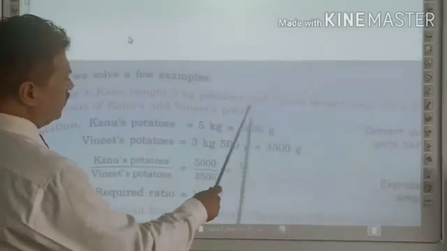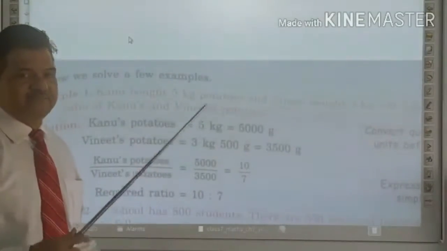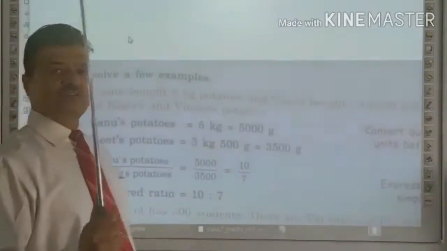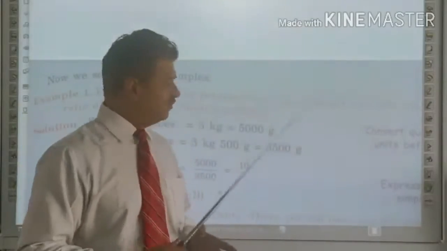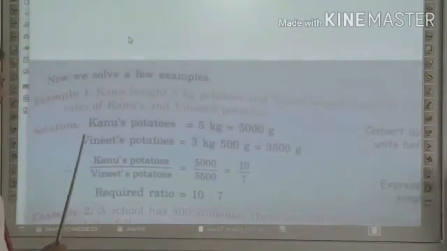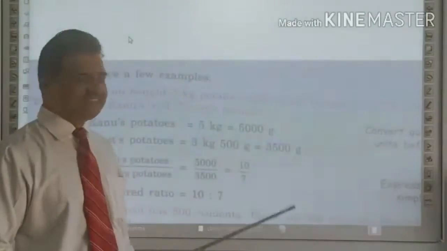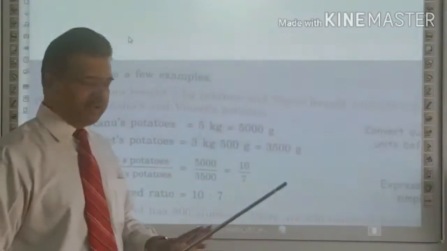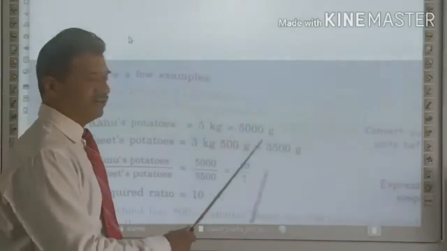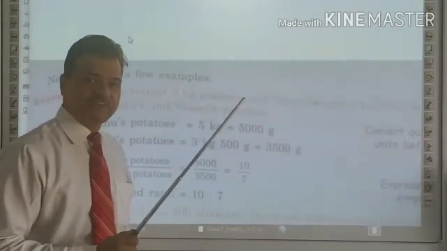First of all, Kanu's potatoes are 5 kg, which means 5000 grams, since 1 kg is equal to 1000 grams. Now Vinit's potatoes are 3 kg 500 grams, so 3000 plus 500 is 3500 grams. Here is 5000 grams, here is 3500 grams.